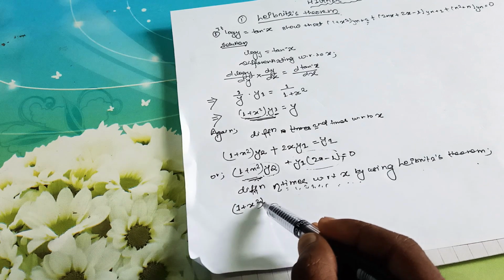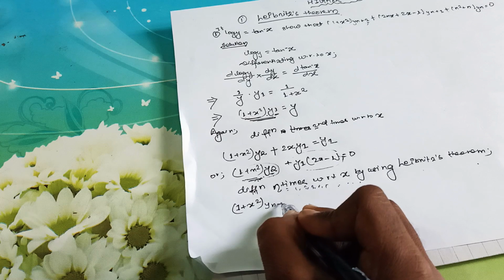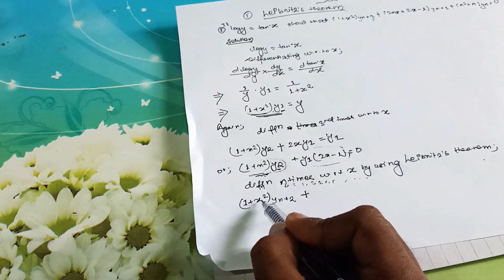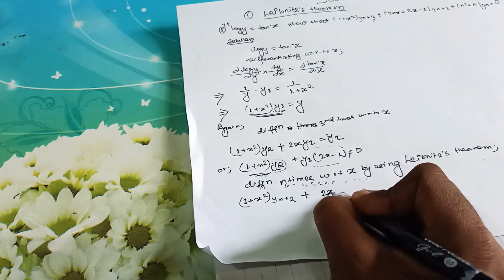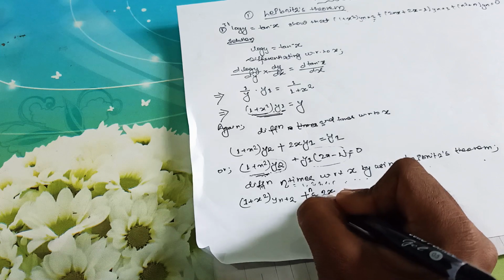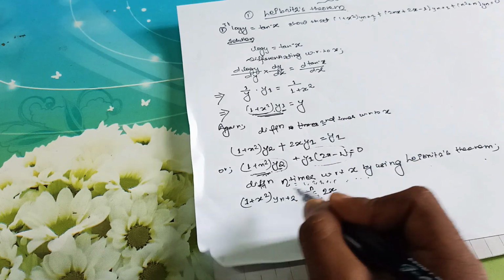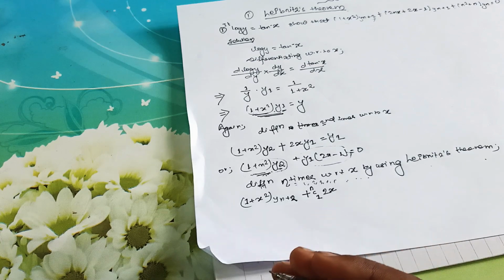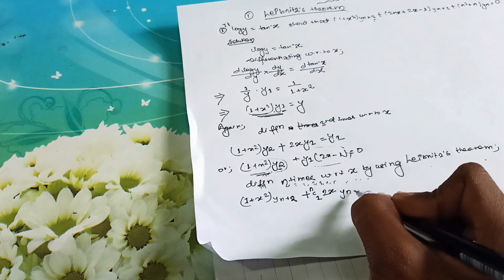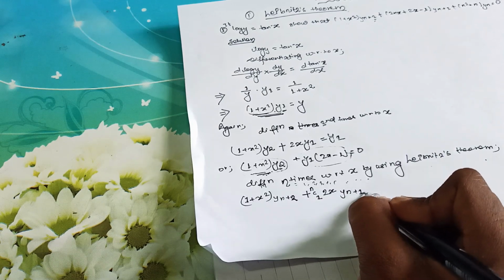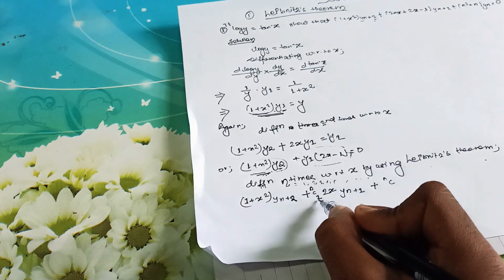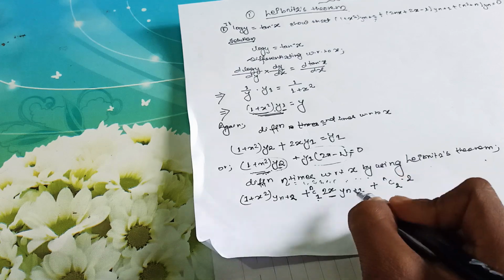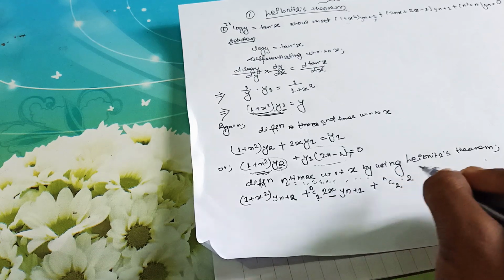So 1 plus x square times the derivative yn plus 2, plus nC1 times the derivative of 1 plus x square, which is 2x, times the derivative of y2 decreased by 1, so we write y(n+1), plus nC2 times the second derivative of 1 plus x square, which is 2, times yn.